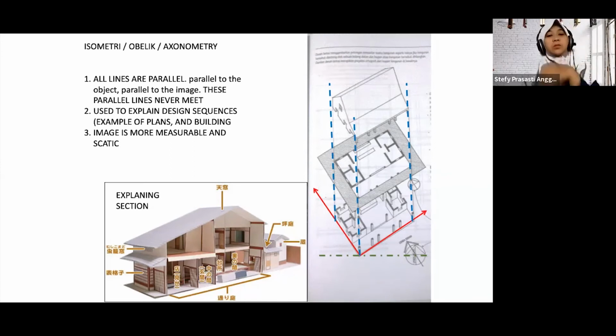And the second is used to explain design sequence, such as plans and buildings, and then we can see that the drawing for axonometry can explain the image as more measurable and scalable.